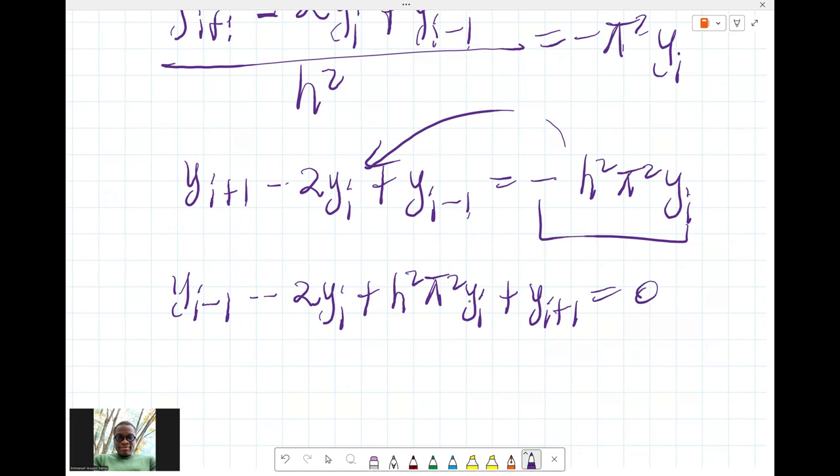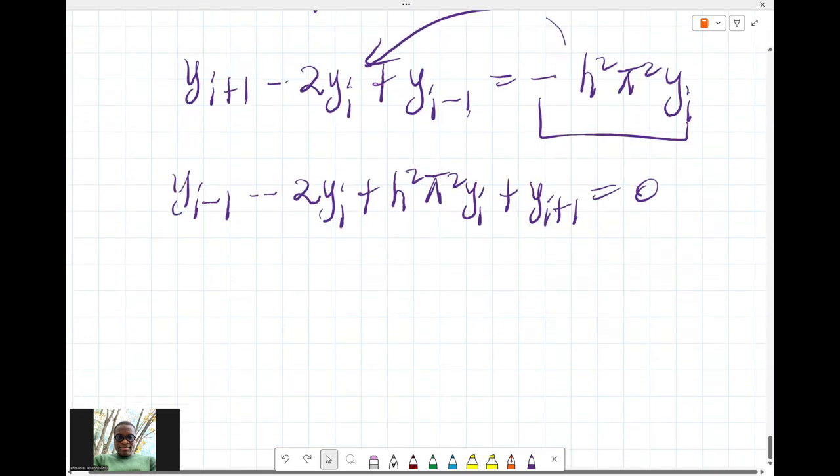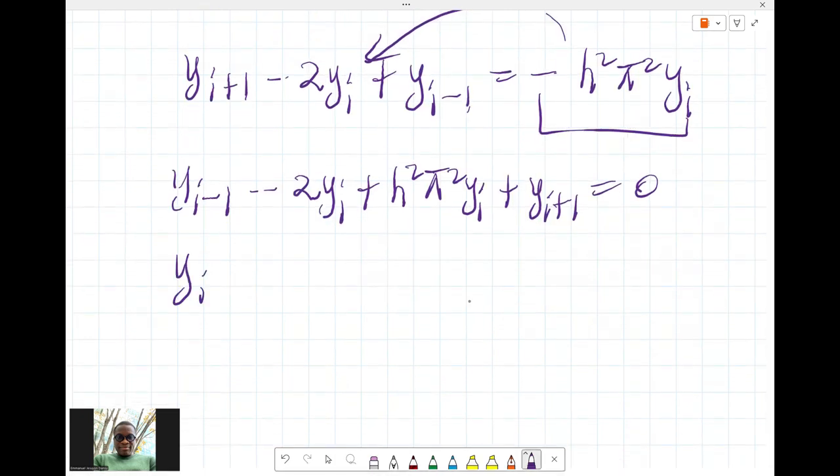We are doing this because if we start from i equals 1, this will easily be y0. That's why we're bringing it forward, and this y_{i+1} is going to be y2. So we want to arrange it in that order. So now we have y_{i-1} minus 2 plus h squared pi squared, and y_i is common.